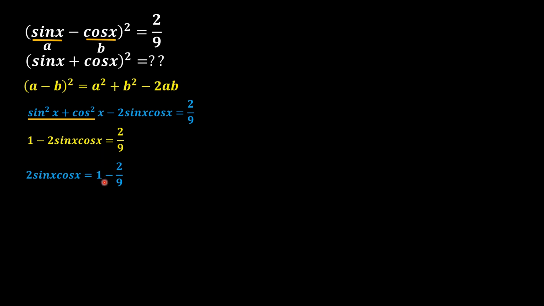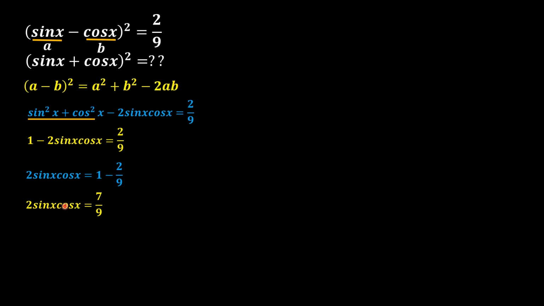Now I will simplify by taking LCM, and I will get 7 over 9, because 9 multiplied by 1 is 9, and 9 minus 2 equals 7. Over 9 remains the same, and this is equal to 2 sin x cos x.